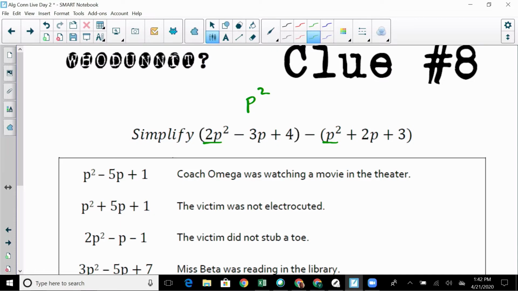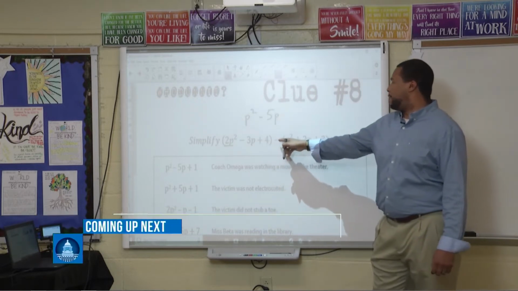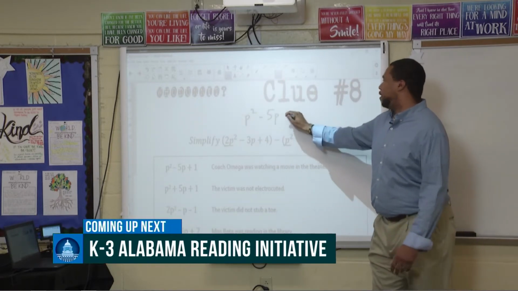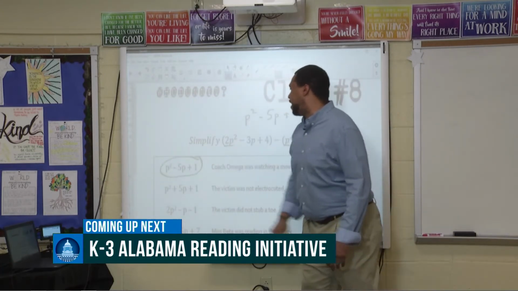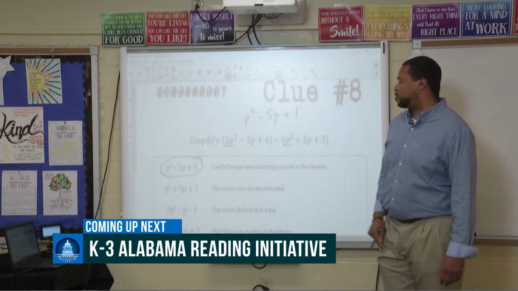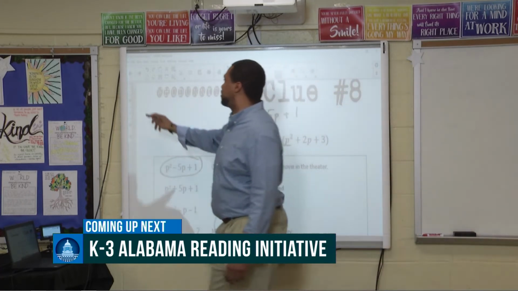Negative 3 minus 2 is negative 5p. 4 minus 3, 1. So that is p squared minus 5p plus 1. Coach Omega was watching a movie in the theater.